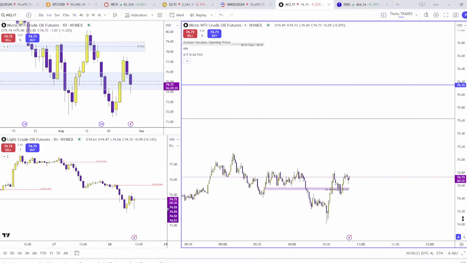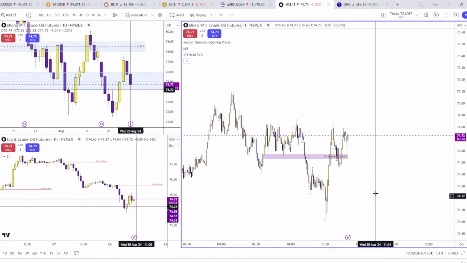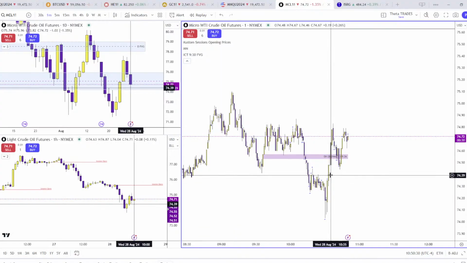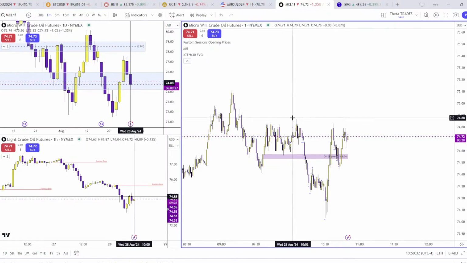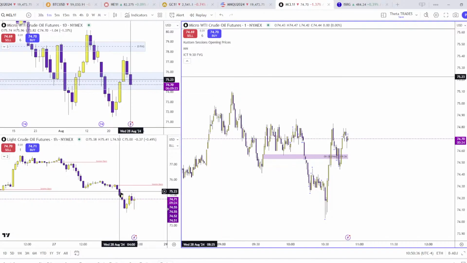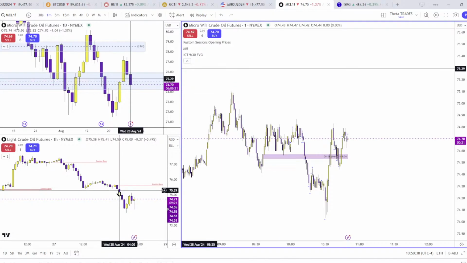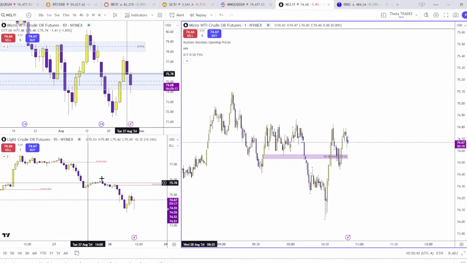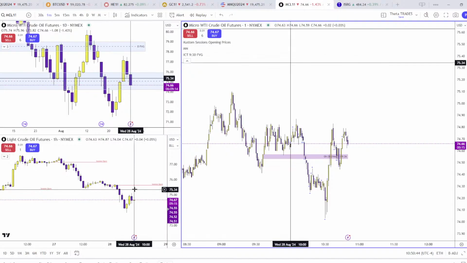On the 1 minute chart, keeping in mind the higher time frame premise, we have equal highs here, we have relative equal highs above us, and we have a fair value gap sitting up here. We have old lows, session opens, those midnight candles.